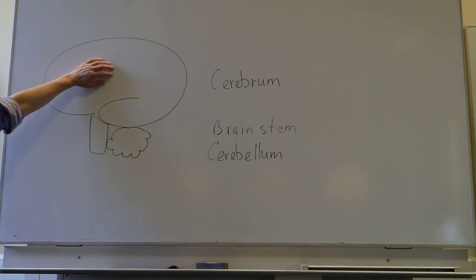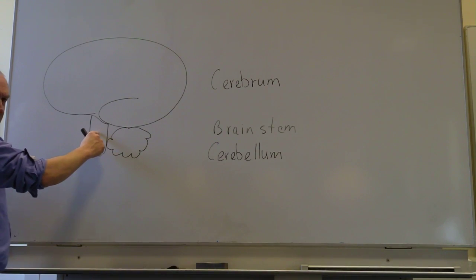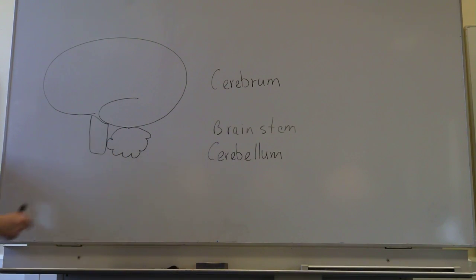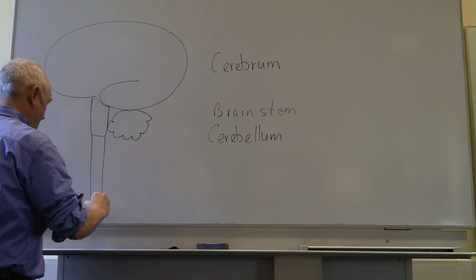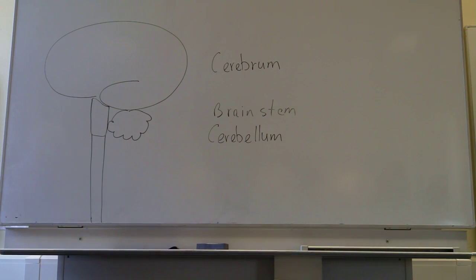Cerebrum is the largest part on top, then the brainstem there, and the cerebellum behind. And as you know, the central nervous system is all the tissues in the brain and the spinal cord. So the spinal cord is continuous with the brainstem.